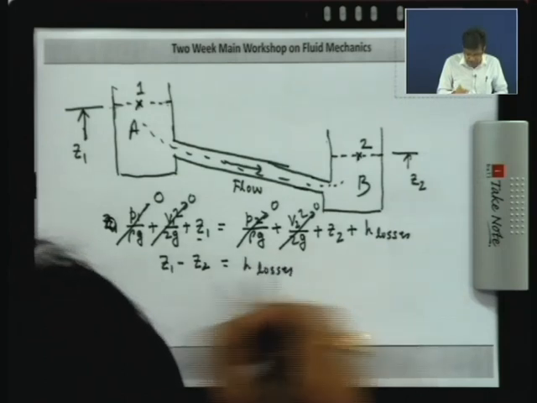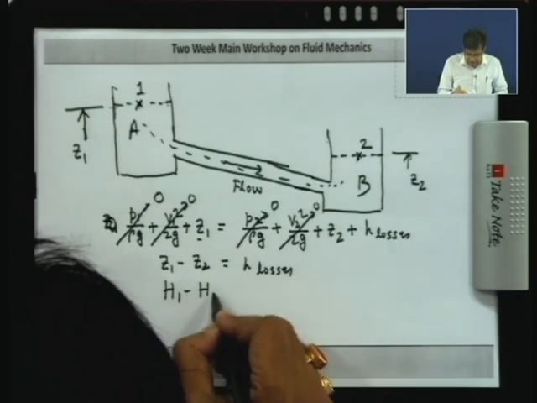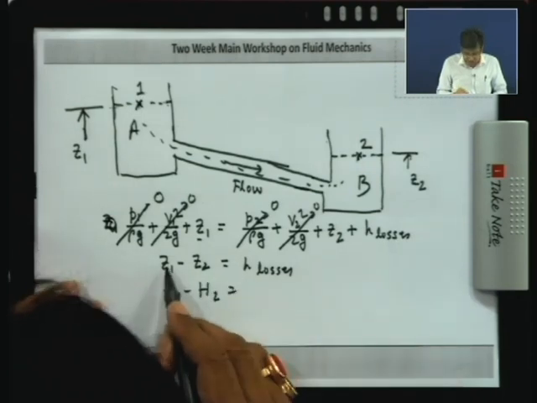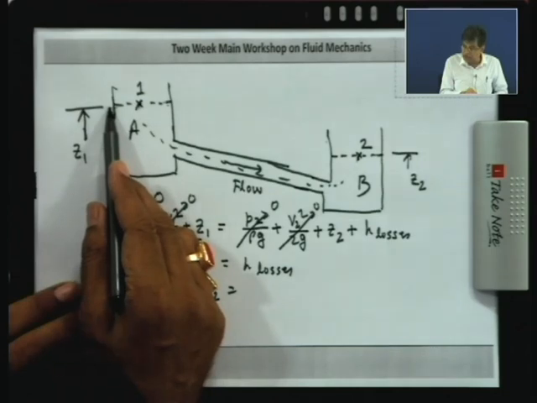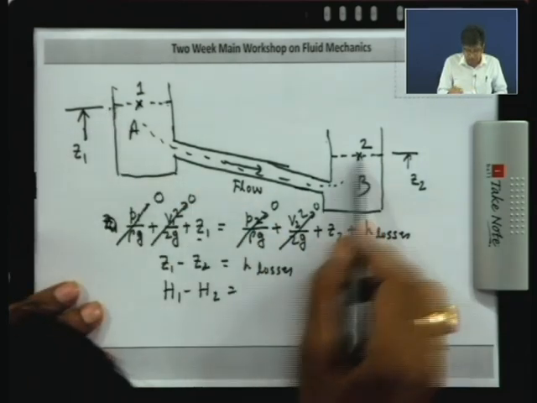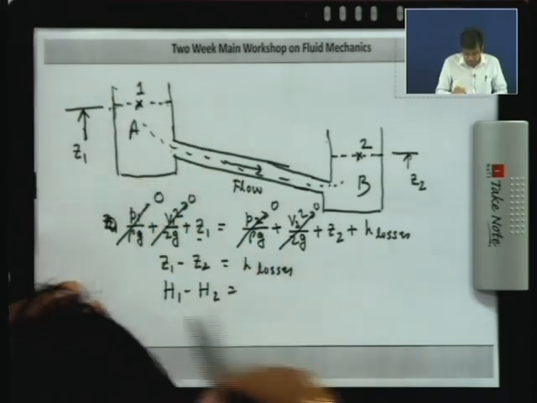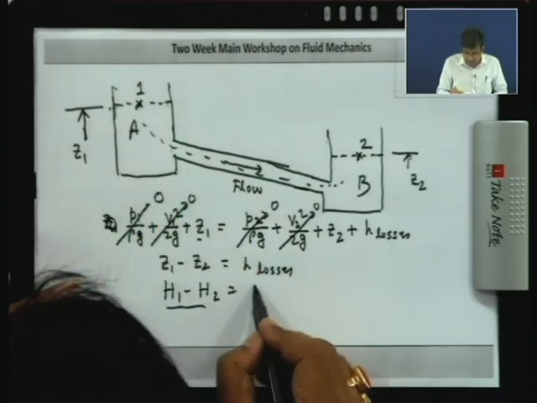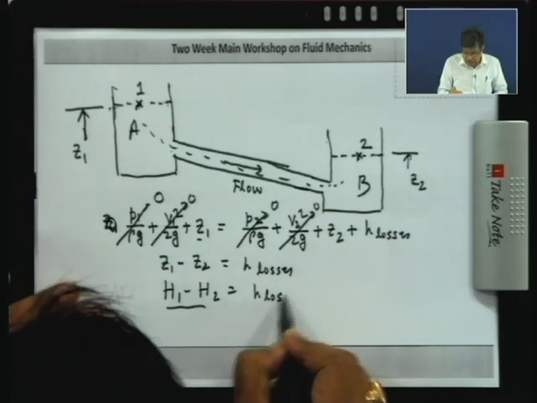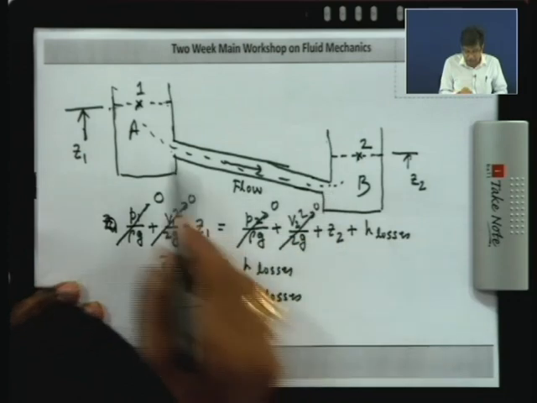Now, this difference in the potential energy, as I discussed earlier, is considered to be the total head, the total energy per unit weight at inlet minus the total energy per unit weight at the outlet. Inlet means this point, the extreme point, not here. So, this is equal to H losses, the losses that have to be overcome during the flow.